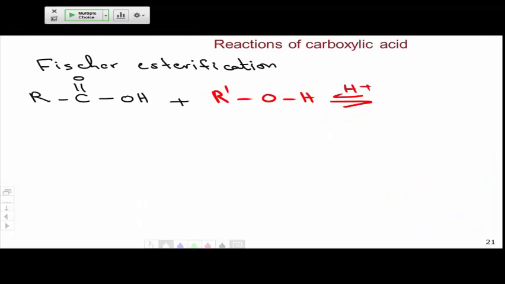So we can prepare esters, the first method under acidic condition, by using carboxylic acid and alcohol. And I'm going to keep the color code so that you see where each is coming from.